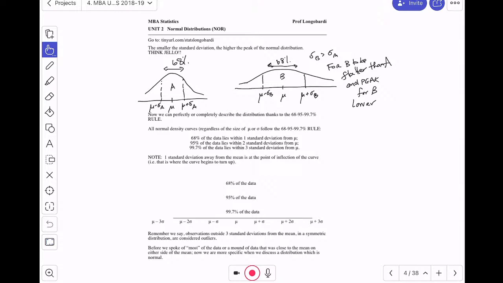I thought today I could just do a summary of the normal distribution material, and answer any questions you have if we have time.